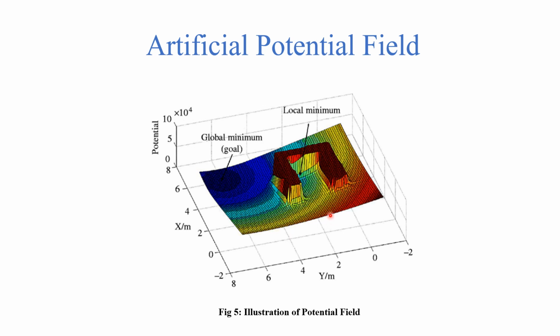However, in practice, most likely we're going to encounter local minimum points along the path, like the one shown here. In this case, the robot might get stuck in this local minimum because the sum of forces nearly approximates zero, which means that there is no motion whatsoever. This might give the robot the sense that it actually reached the goal, but it's actually stuck in this local minimum. This has sparked a lot of research to find methods to overcome this problem.